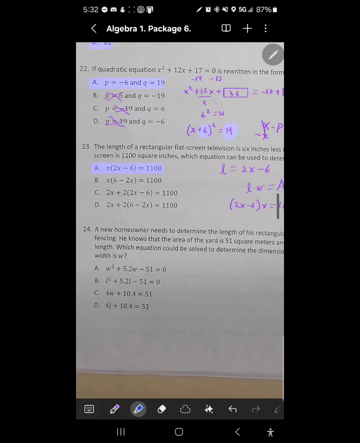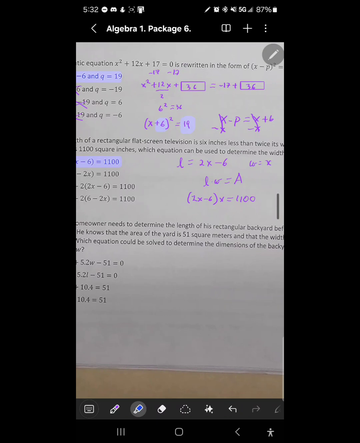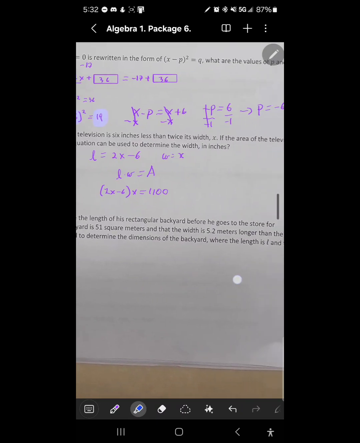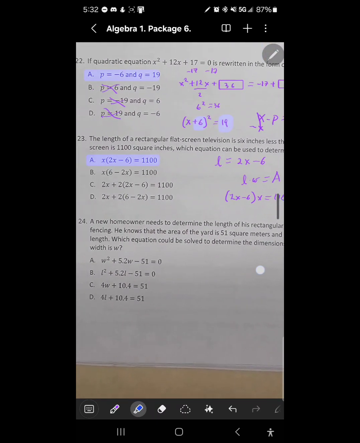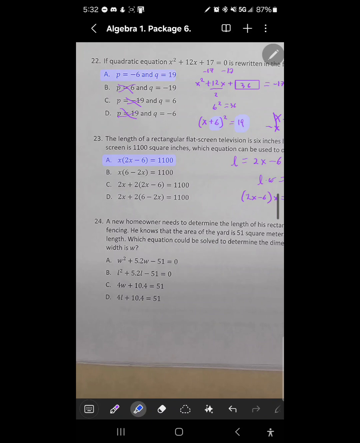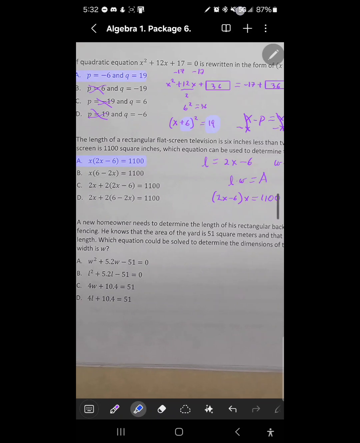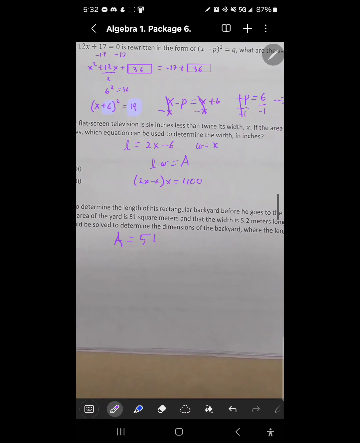Now, a new homeowner needs to determine the length of his rectangular backyard before he goes to the store for fencing. He knows that the area of the yard is 51 square meters, so area equals 51.